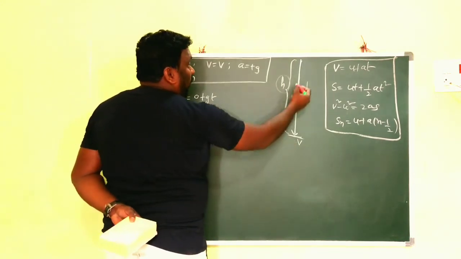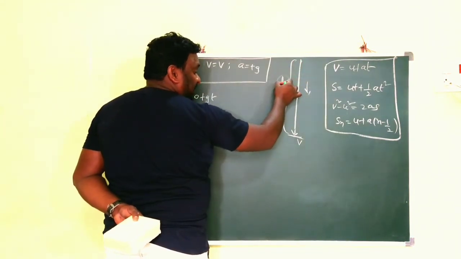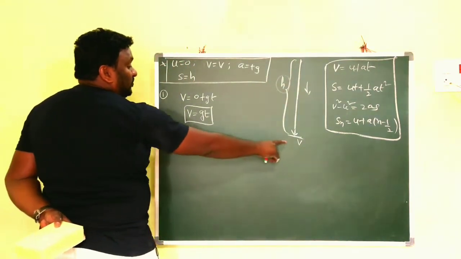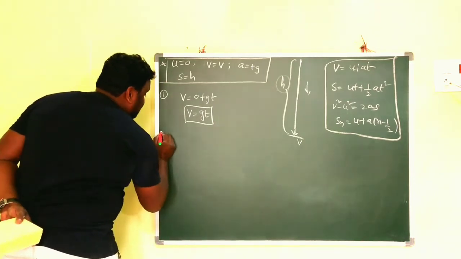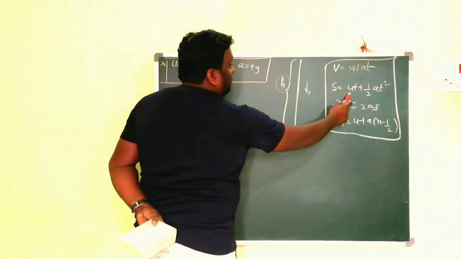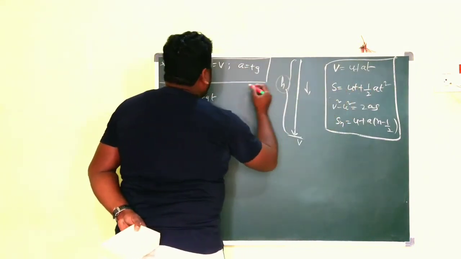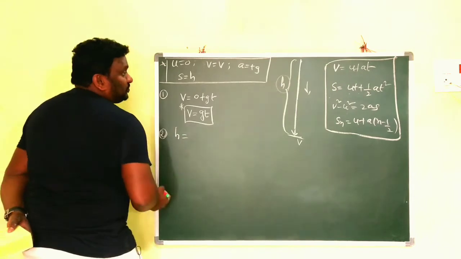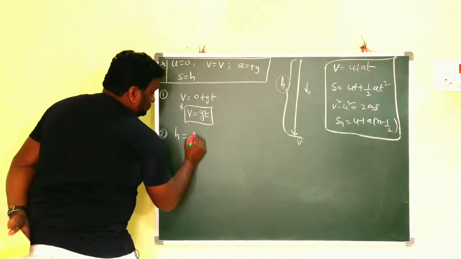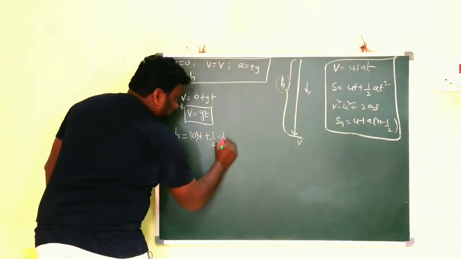That means if the body is dropped from height h and you know how much time it takes to reach the ground, then you can find the velocity on reaching the ground. Children, the second equation is s is equal to ut plus half at square. s is h, and u is 0, so 0 into t plus half into a, which is g, gt square.